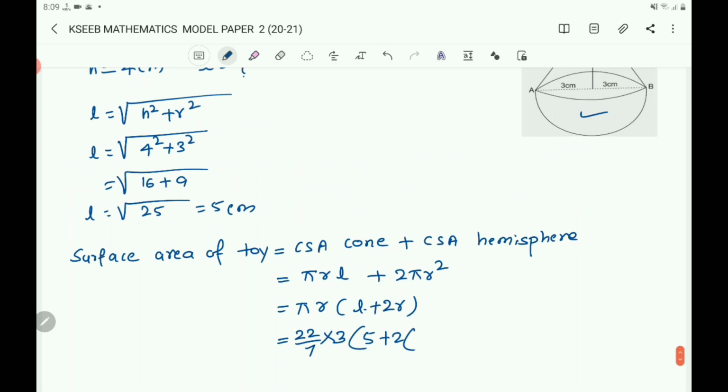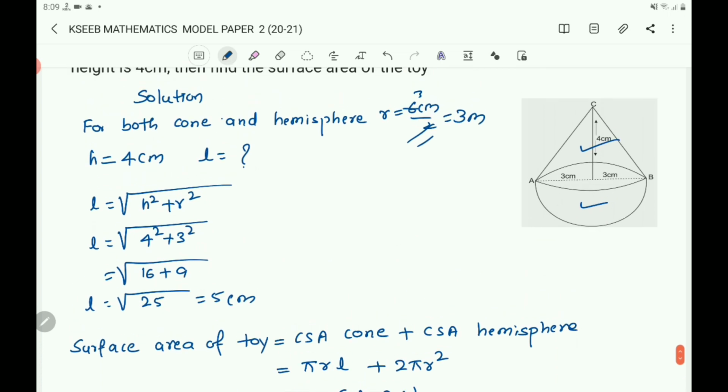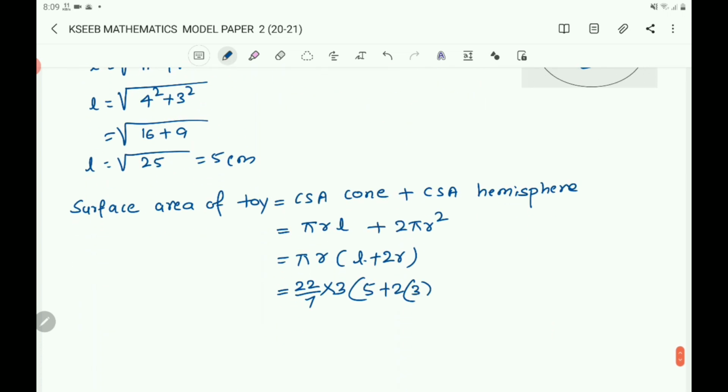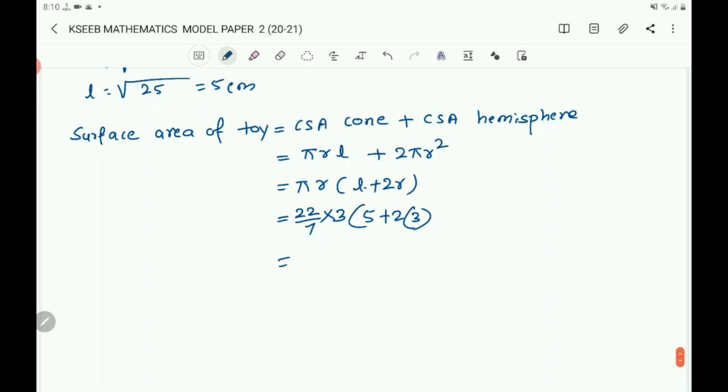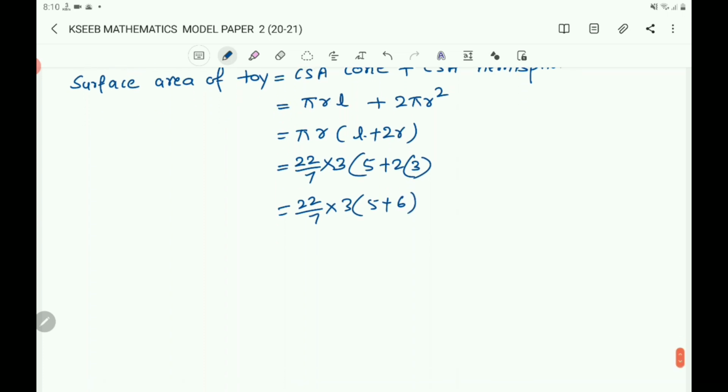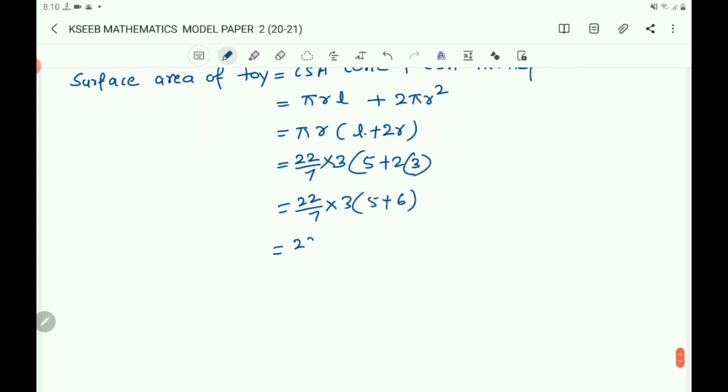R is again the same 3 centimeter, 2 3s. Then it is 22 by 7 into 3 into, 5 plus 2 3s 6, that is 11.